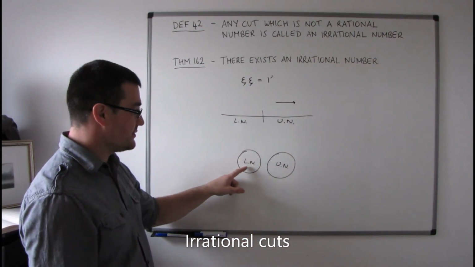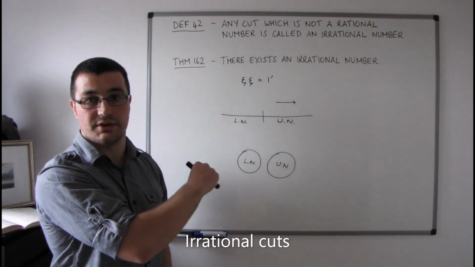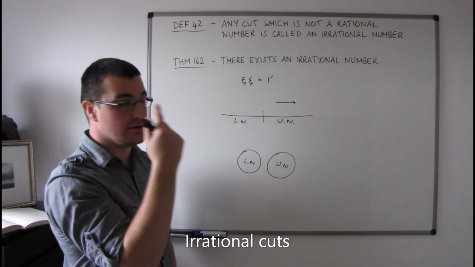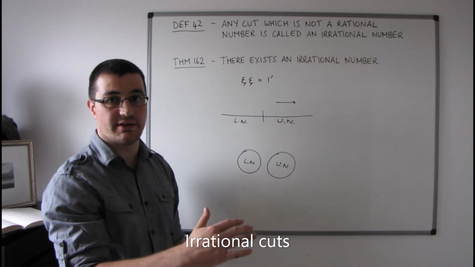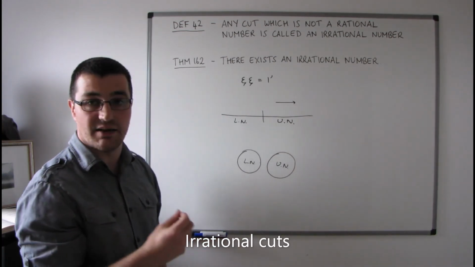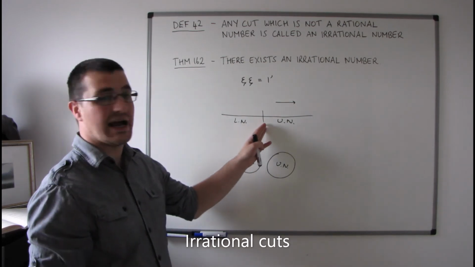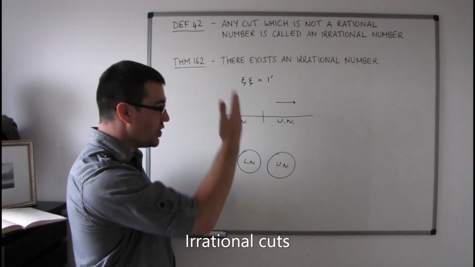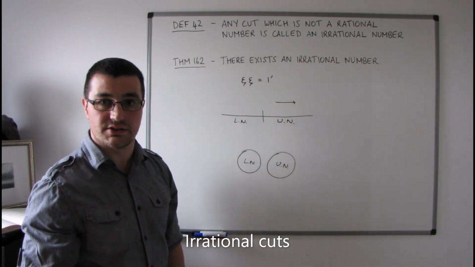I don't think of them as lying on a real number line or something like that, because the real number line, as far as we're concerned, hasn't been constructed yet. We don't know anything about the structure of it. Maybe further down the line we can think about things like that, but we can't yet. So even in a hypothetical sense, we can't cut the real number line because it hasn't been constructed yet.